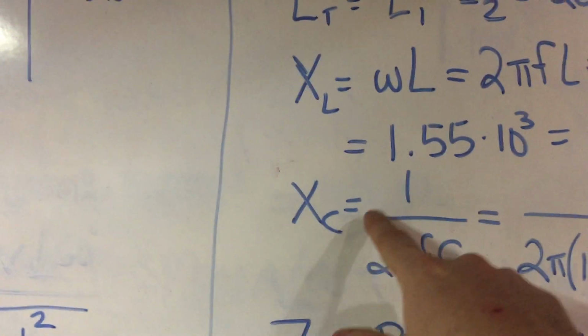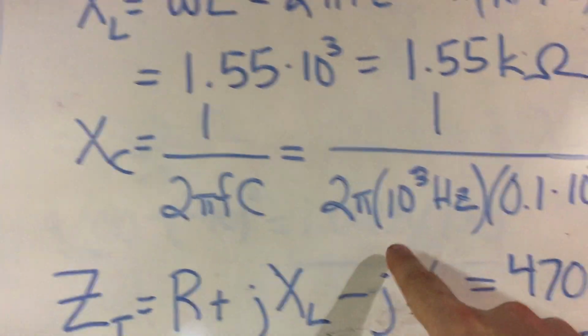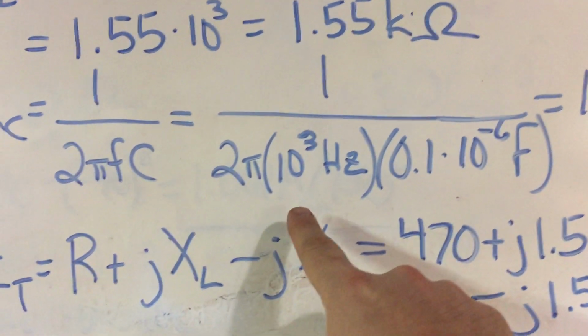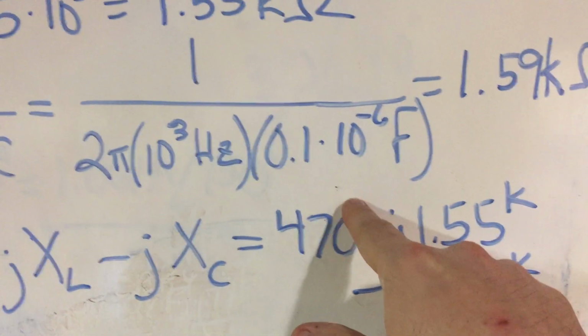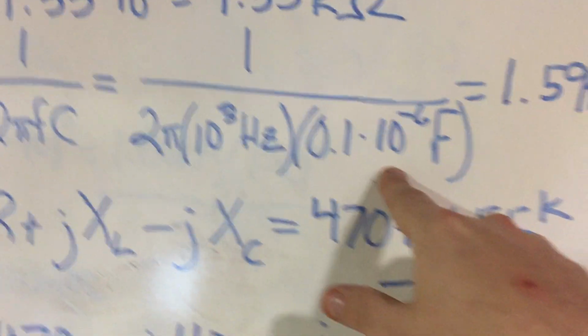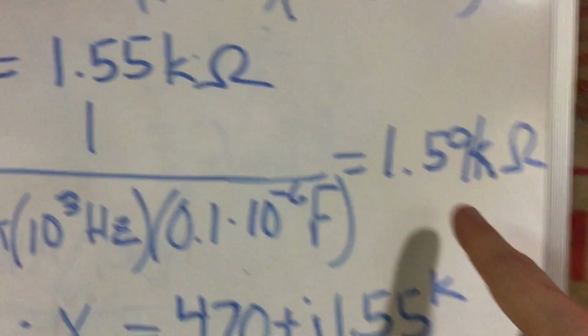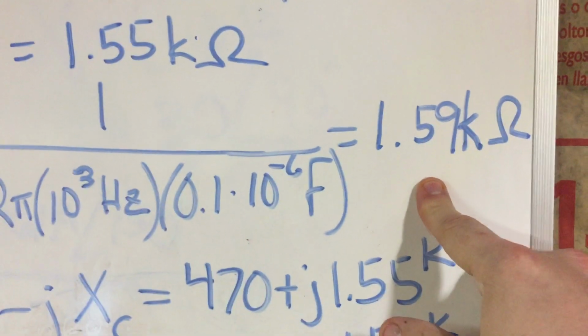X sub C is 1 over 2 pi f C equals 1 over 2 pi times 10 to the third hertz times C, which is 0.1 times 10 to the -6 farads, because we were given that up here. That's equal to 1.59 kiloohms.